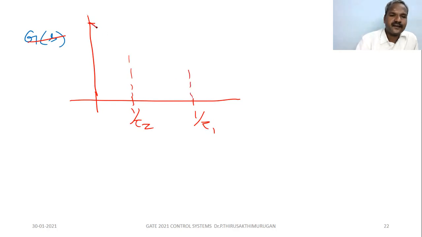So the initial factor contributes a slope of minus 40. Then this zero adds plus 20, so it becomes minus 20 dB per decade.